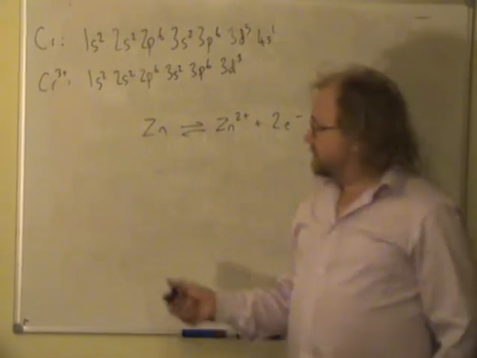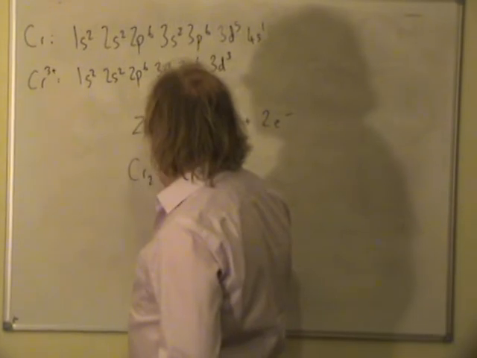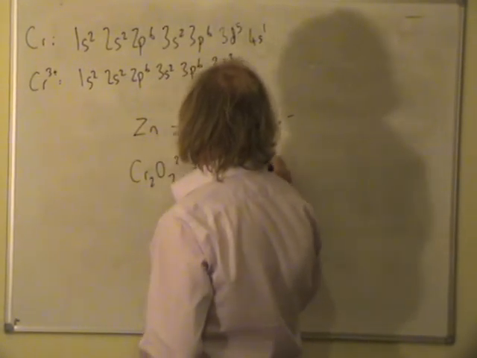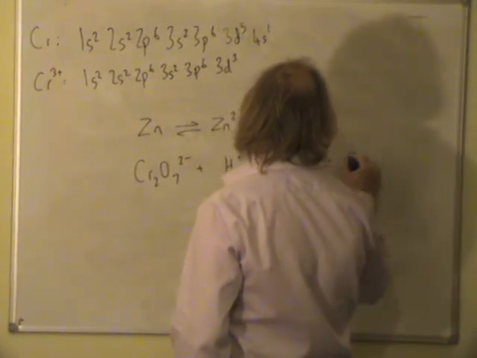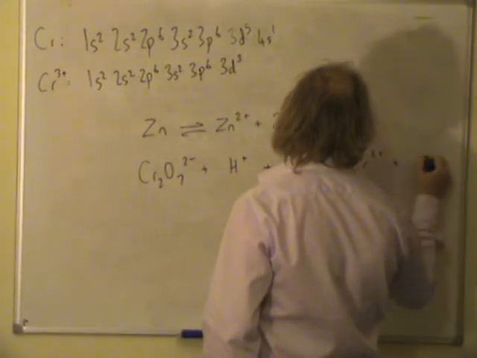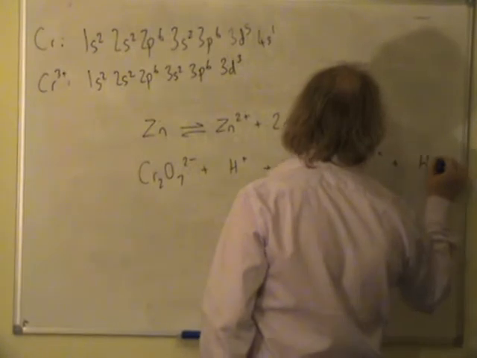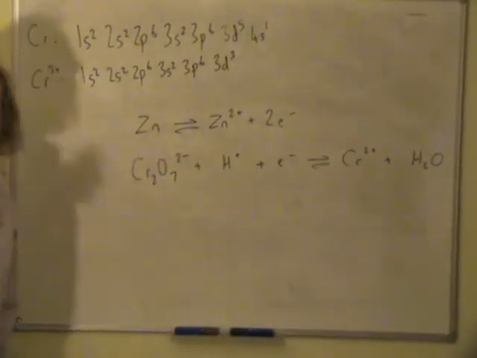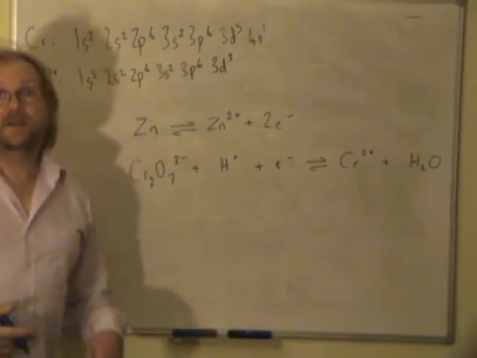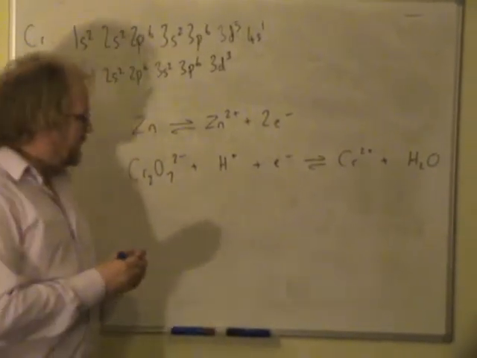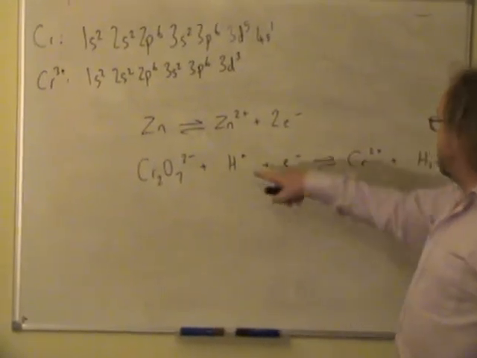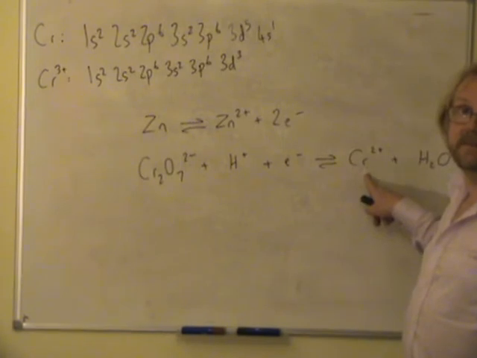When we get to the dichromate one, we've got Cr2O7 2- plus some H plus some e-, going to Cr2+ plus H2O. If you've done lots of other examples which include dichromate, what you will have got used to is the formation of Cr3+ as the product.